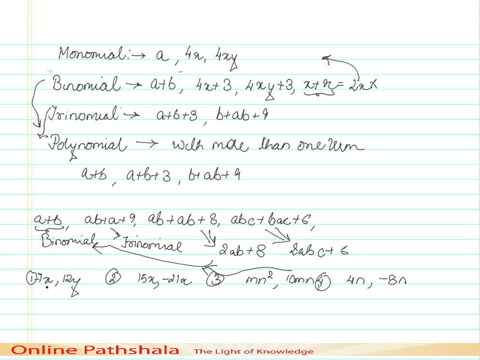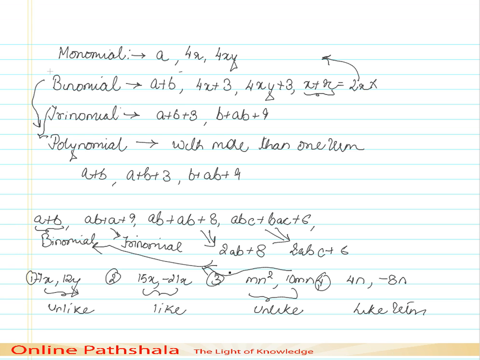So in the first example you can see that the algebraic factors are x and y, so this becomes unlike terms. In the next example the algebraic factor is x, so this becomes like terms. In the next example the algebraic factors are mn square and mn. As they are different, this becomes unlike terms. And here again the algebraic factor is n, so this becomes like terms.